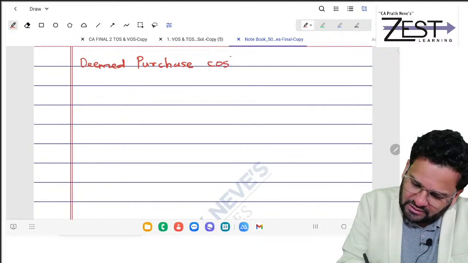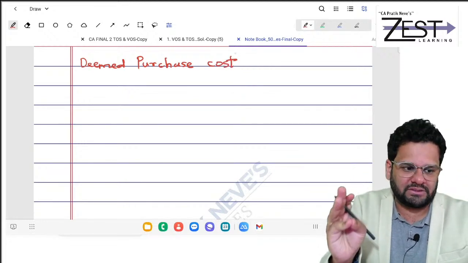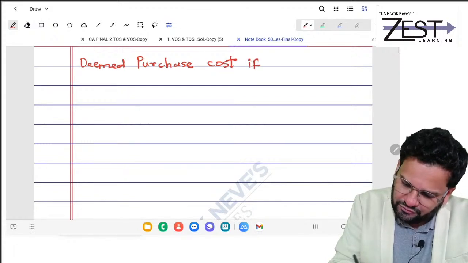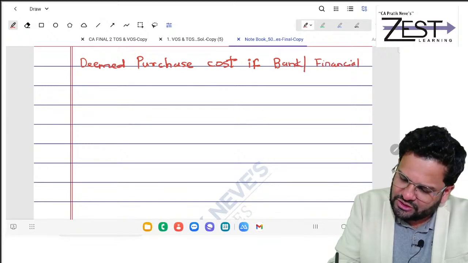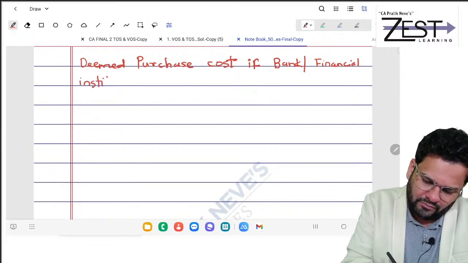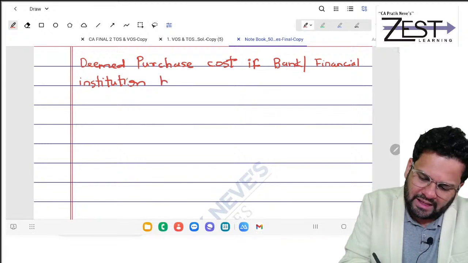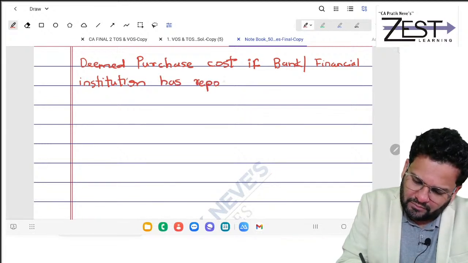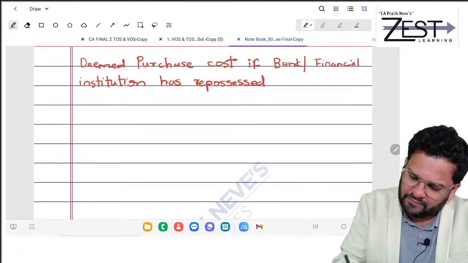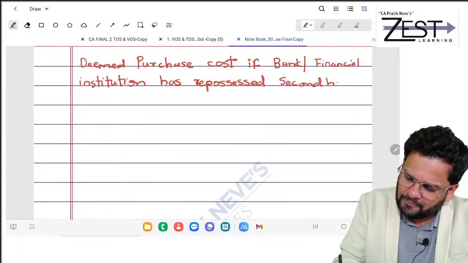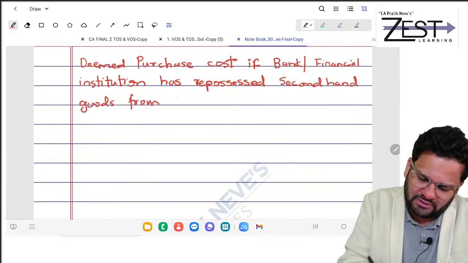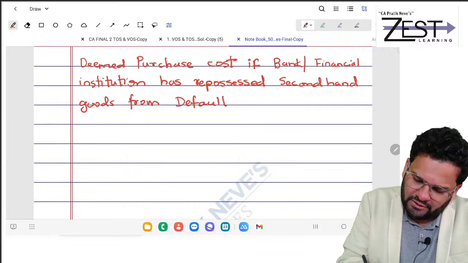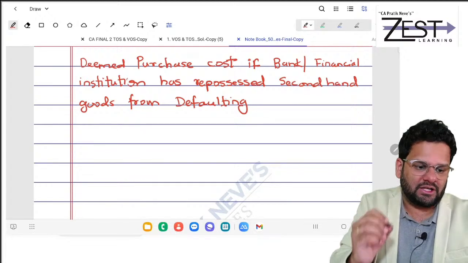See what I am discussing: deemed purchase cost if a bank or any financial institution has repossessed second hand goods from a defaulting borrower. Did you understand what is being discussed, Ashimaji?